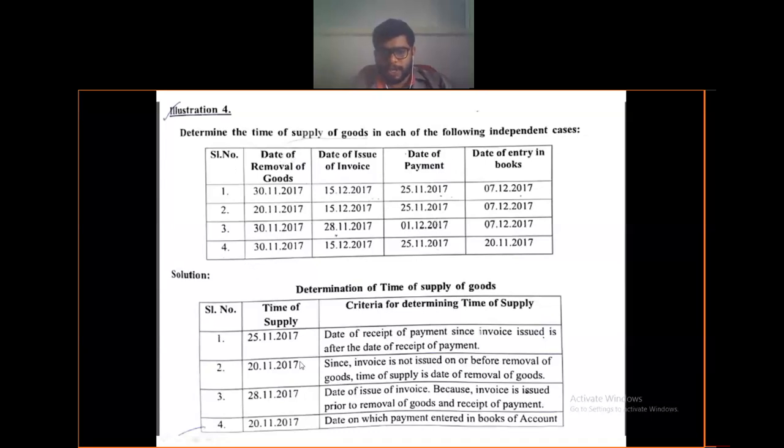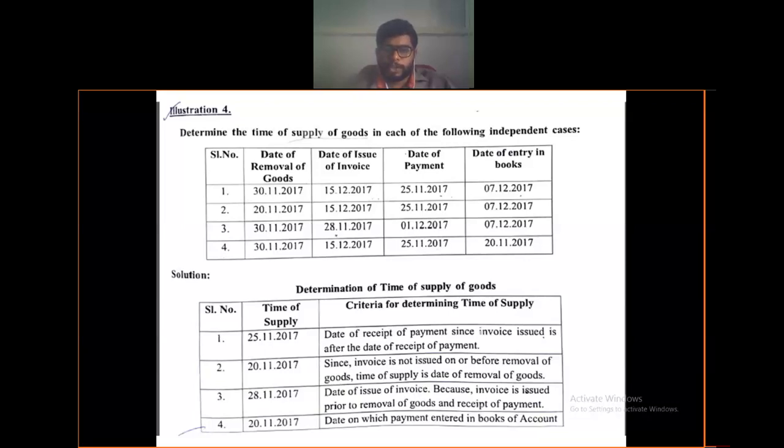This is the question and this is the solution. You can see here itself. Various dates are given, different cases are given, four independent cases, and different dates are given. What are the different dates? One is date of removal of goods, which is nothing but date of delivery of goods. Then date of issue of invoice.